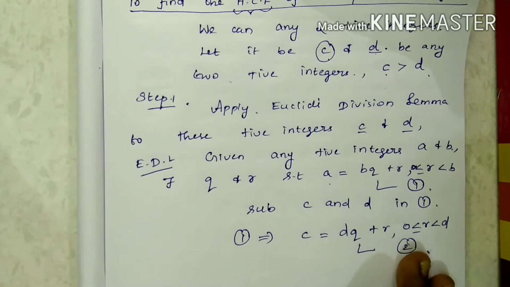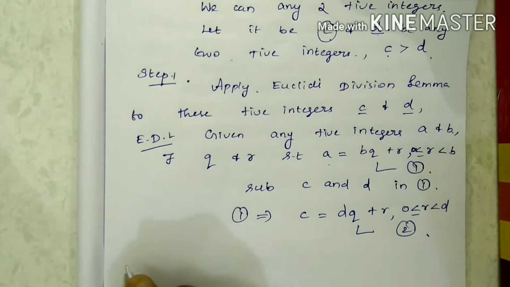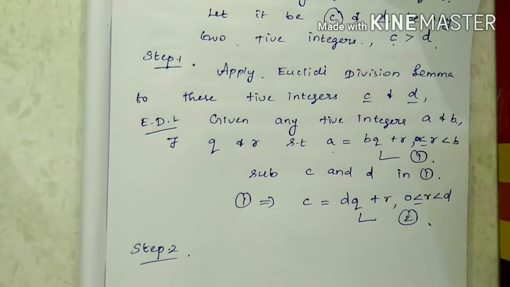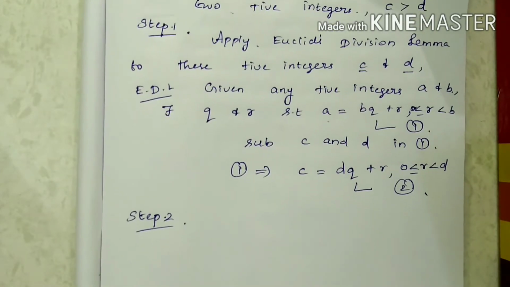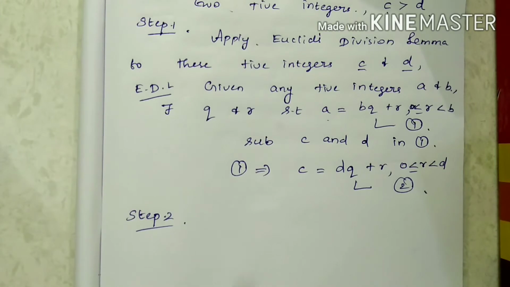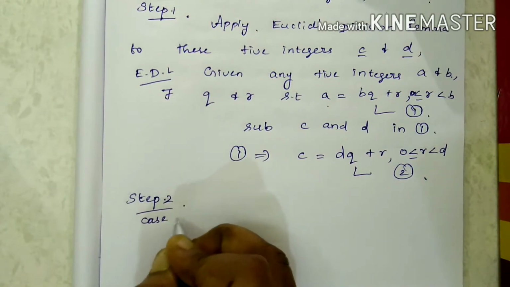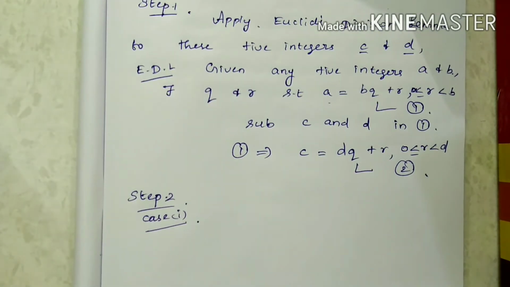Now step 1 is over. Now we are going to proceed with step 2. In step 2 we are seeing two cases. We are comparing two cases, case 1 and case 2.